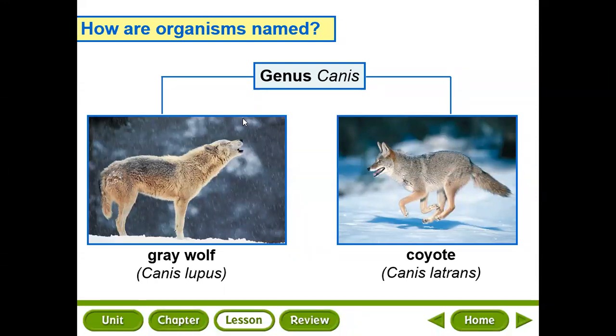Now, what is the genus name of the wolf and the dog? Canis. Look at these figures or the chart. Gray wolf, Canis, coyote. We will differentiate between the two and introduce what is the gray wolf and coyote, what is the difference, what is the similarity.